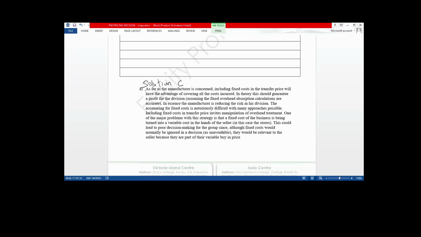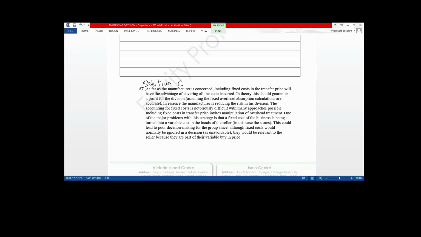Let me not take you too long here, because we are still going to come to that topic. We are going to discuss why it is not good to include fixed costs in your transfer price. It can lead to manipulation of costs and prices. By the time you get to relevant costing, we will explain why fixed cost is not relevant to decision making.